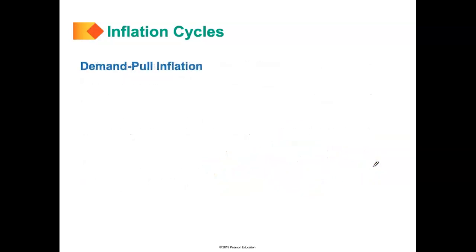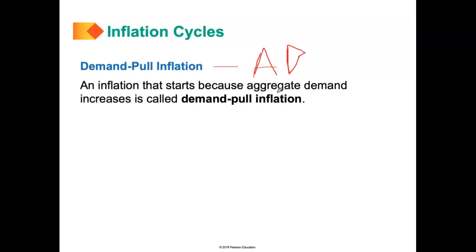Now, what is demand pull inflation? Every time you think of demand pull inflation, your mind should go to aggregate demand. So I'm just going to write aggregate demand here, and the name suggests that it has something to do with demand. Demand pull inflation comes about when any factor causes an increase in aggregate demand.